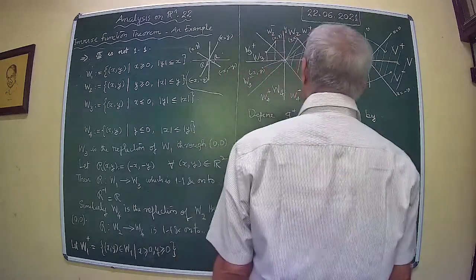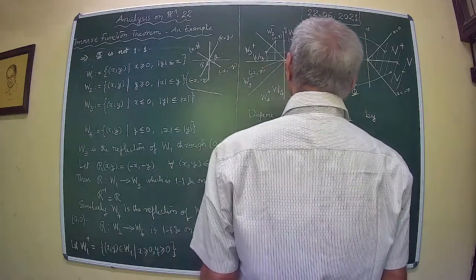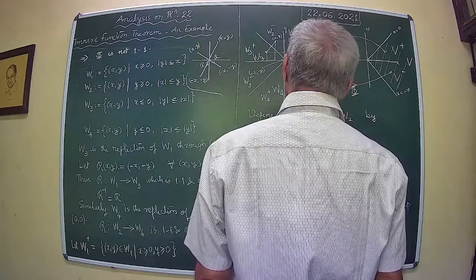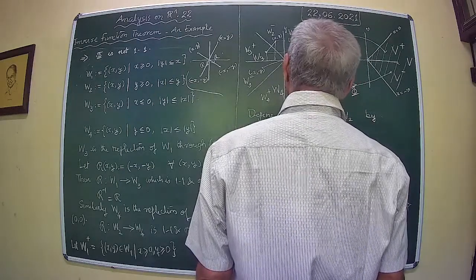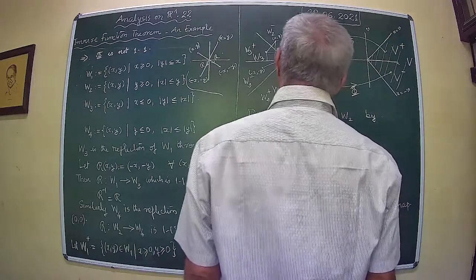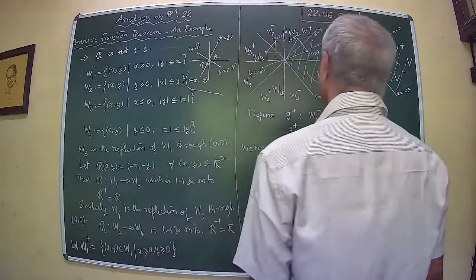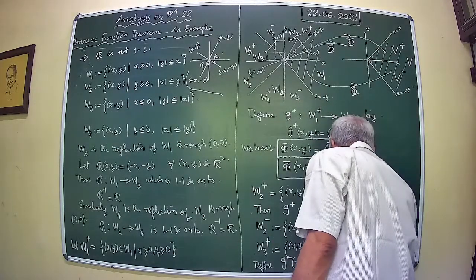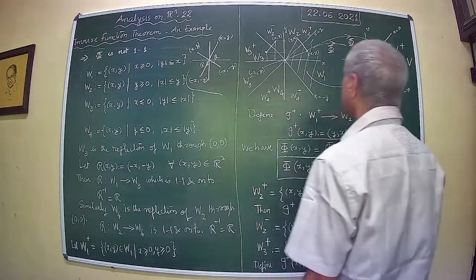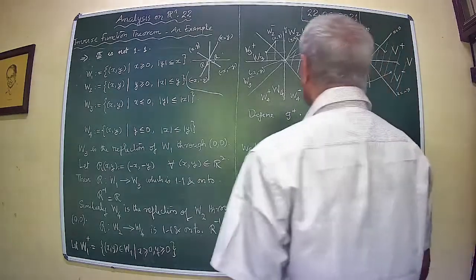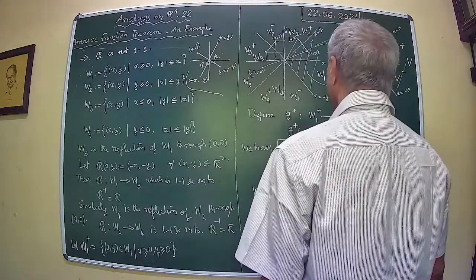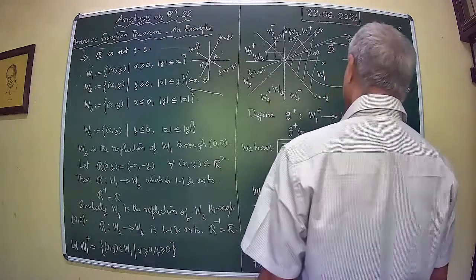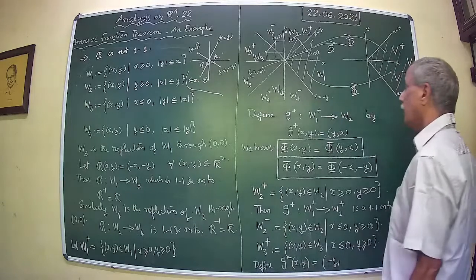Now what is that point? That point is y, minus y. x is positive, therefore, sorry, x is negative.